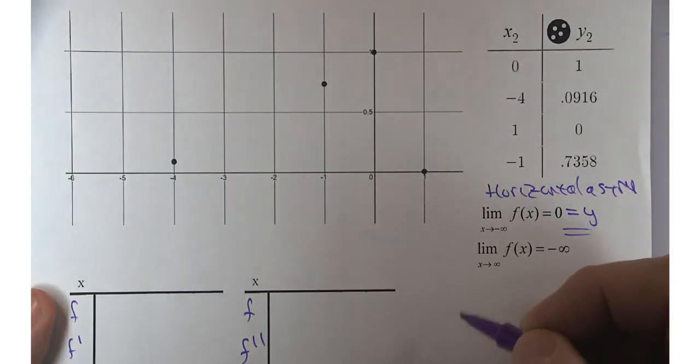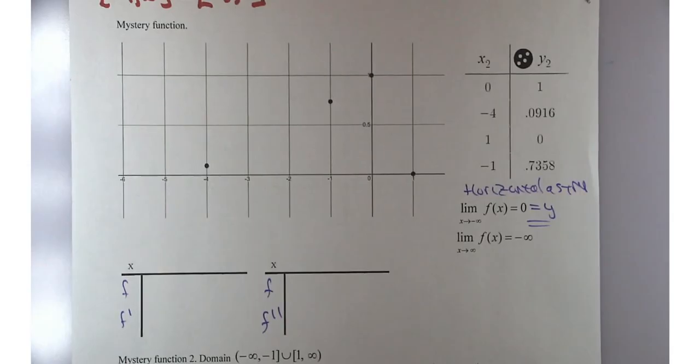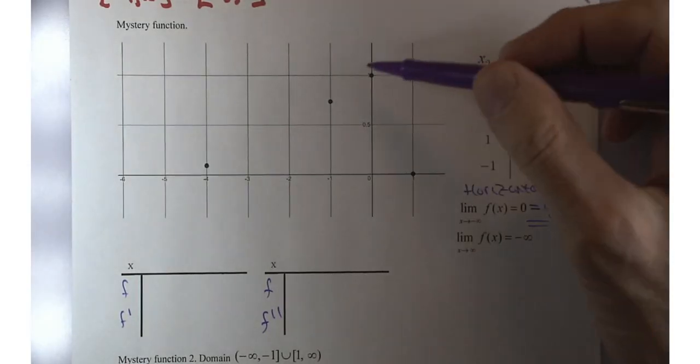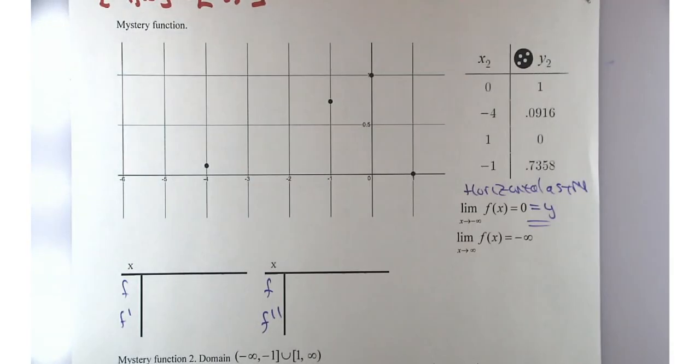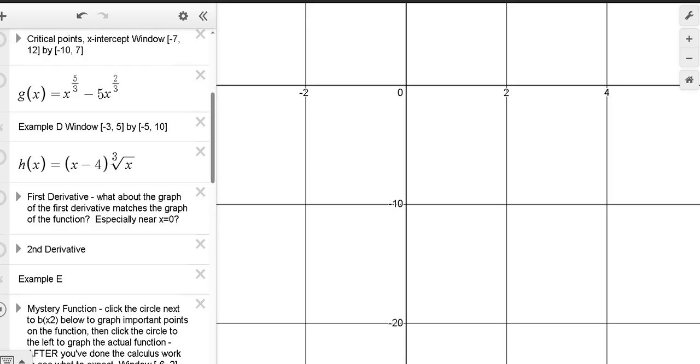Now that's all we've got that's kind of given to us, but we do have the option to maybe look at some points. What does it kind of look like might be happening at x equals 0? Could be a corner point. All right, and if it's a corner point, then what do you think you'd see with the derivative at a corner point? If it's a corner point, it'd be undefined.